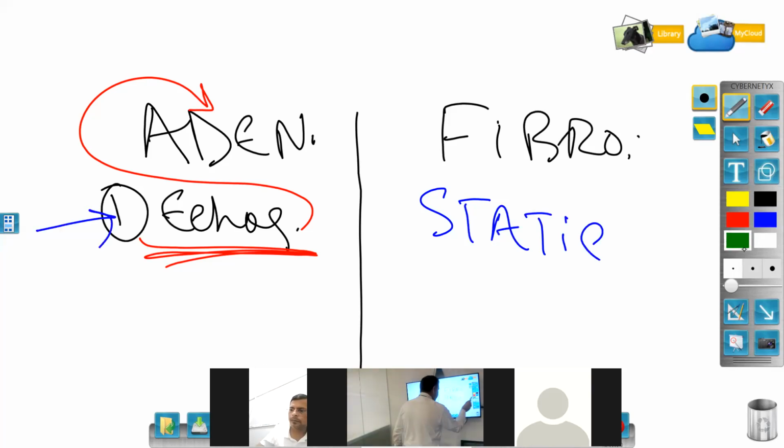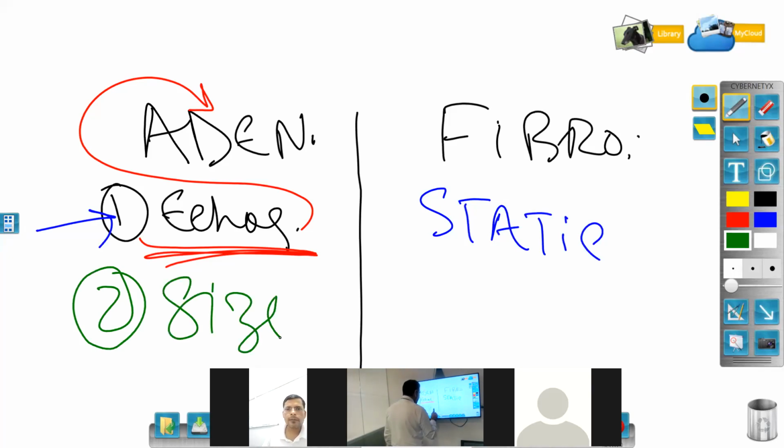Now the size. Second is size. What will you expect in case of adenomyosis? It will change. This is in detail on the server. Why will it change? Because when the patient is bleeding, the blood will pool up over there and it will increase.